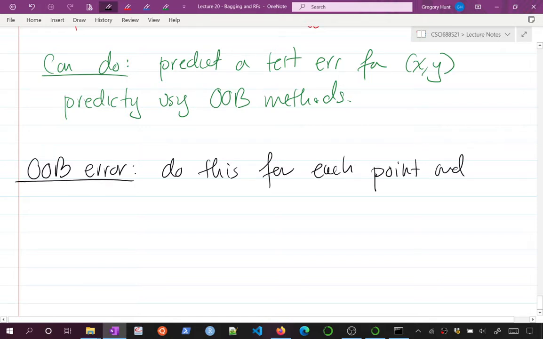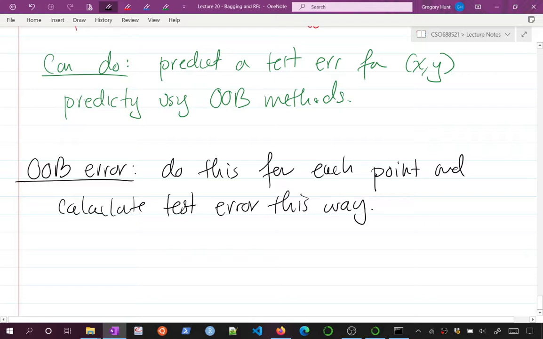And so for each point, I can just predict using the base learners that don't use my point, and I can do this for each point and calculate testing error this way.